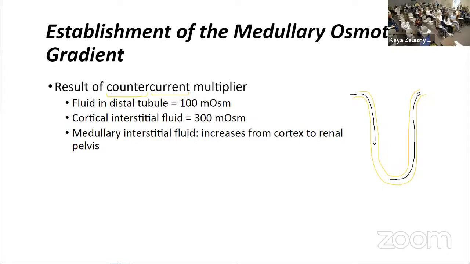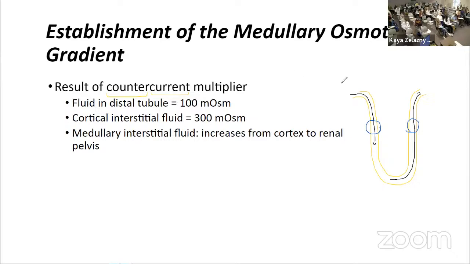So this is a countercurrent multiplier because we have opposite directions, down and up. So that's all that this term is referring to, really. So that we have fluid flowing in opposite directions. Different things are happening in the descending and ascending limb. We're basically multiplying the effect of this pull on water.